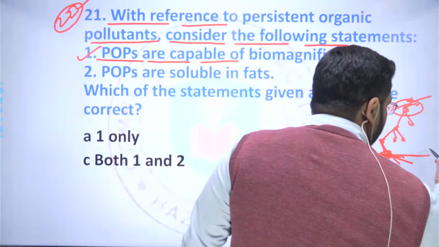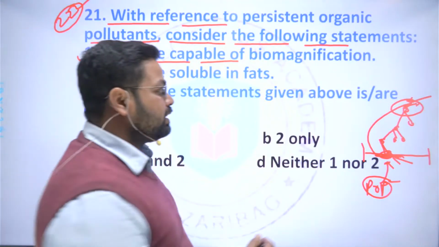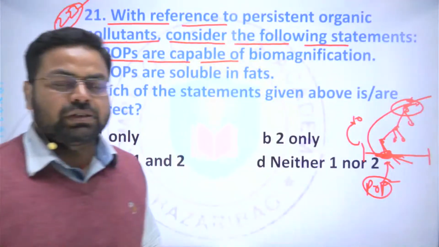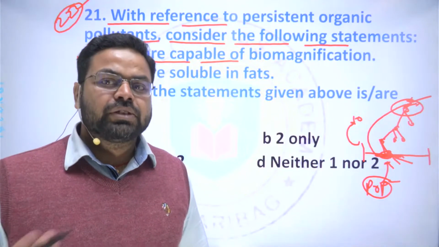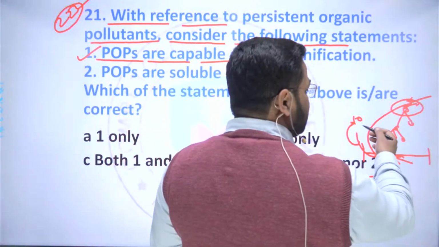The number of organisms is maximum at the base, and only 10% of the energy is transferred to the higher order organism. Because of this, they are capable of consuming more and more animals.